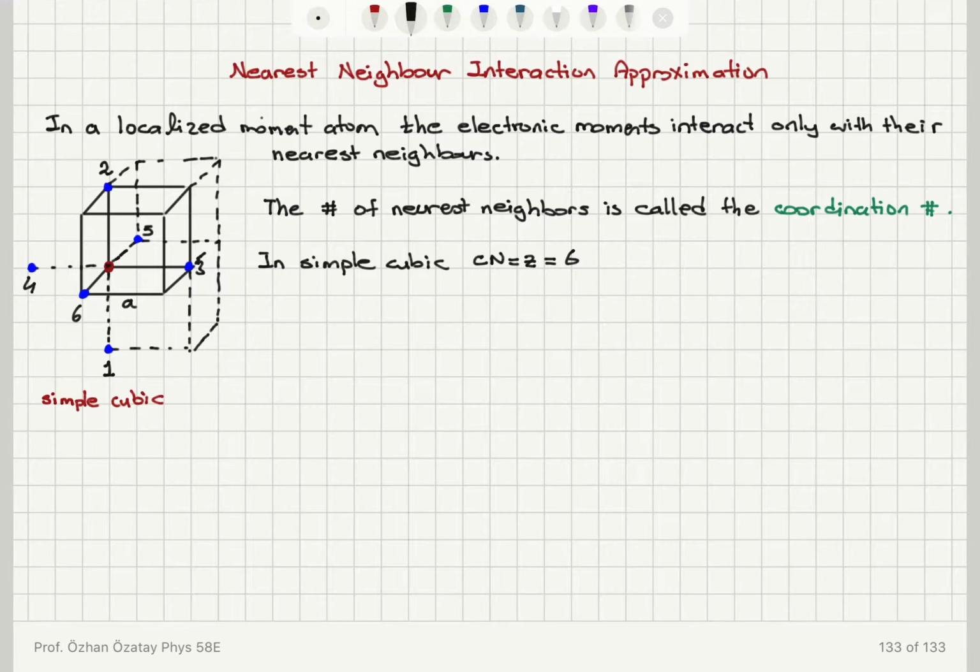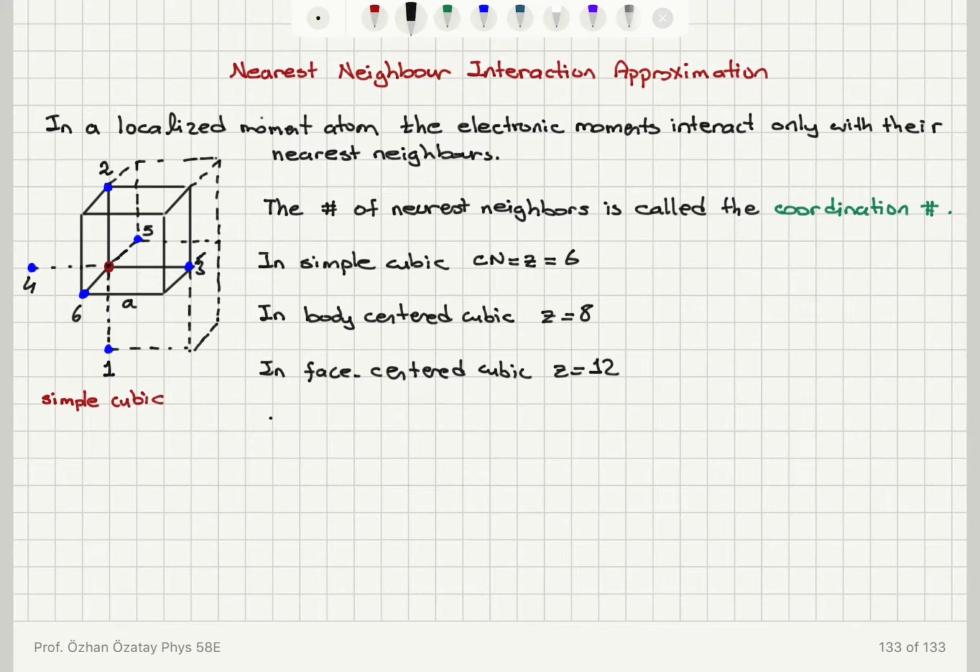If you have an atom in the middle of a cube that is bonded to the atoms at the 8 corners, then you have the body-centered cubic structure. In the body-centered cubic lattice, we have Z equal to 8 because we have 8 corners and one atom in the middle. In the face-centered cubic structure, Z is equal to 12.